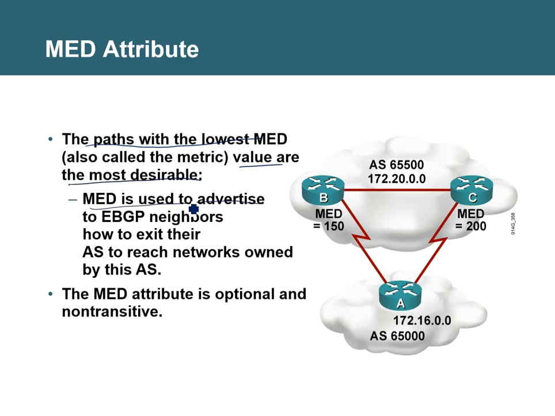MED is used to advertise to eBGP neighbors telling how to exit their network to reach this network. MED is optional and non-transitive. If it is not there, it will not be advertised. At least 0 should be there. The default MED is 0.